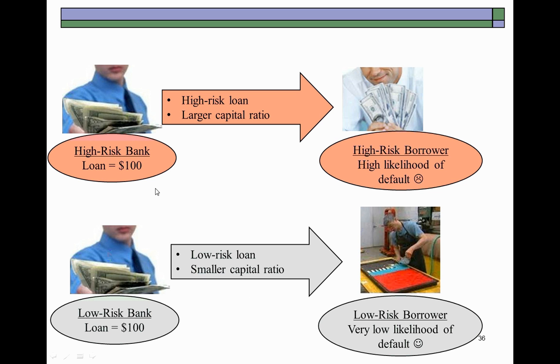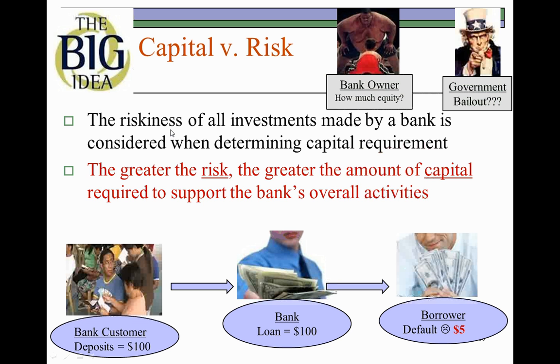While in this case, all of the loans that it makes would have to be considered in determining the minimum amount of equity that the owners of the bank should maintain in the bank. So going back here, we summarize: the riskiness of all investments made by a bank is considered when determining the capital requirements from the owners of the banking business.